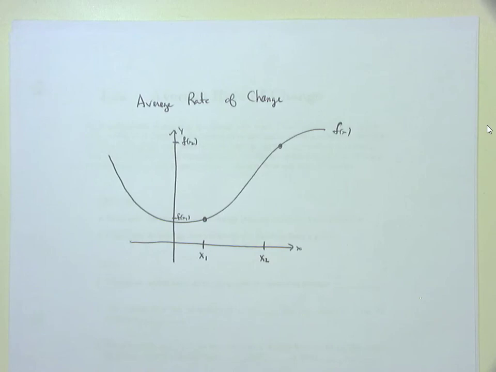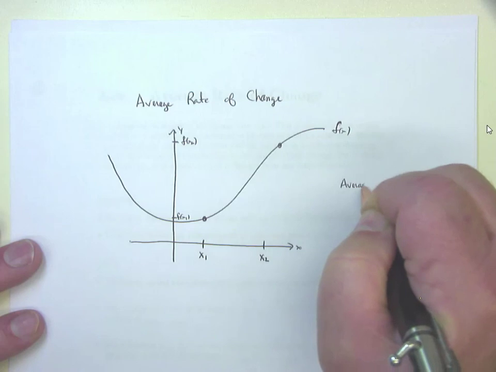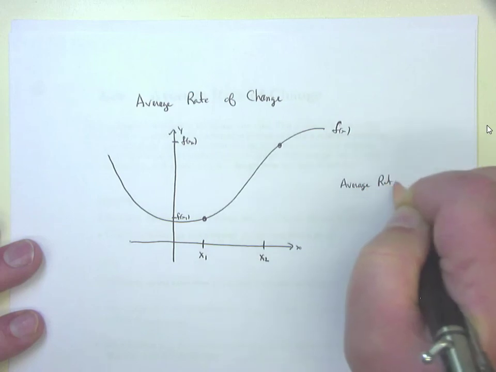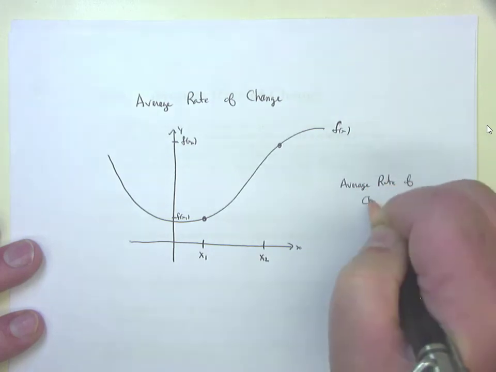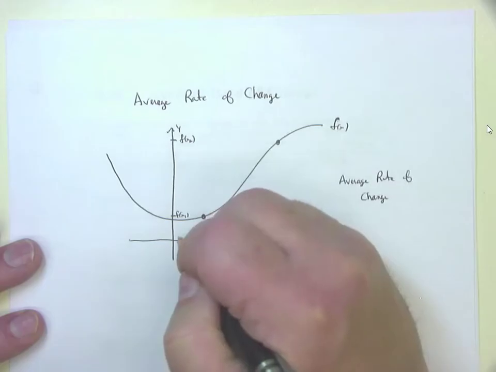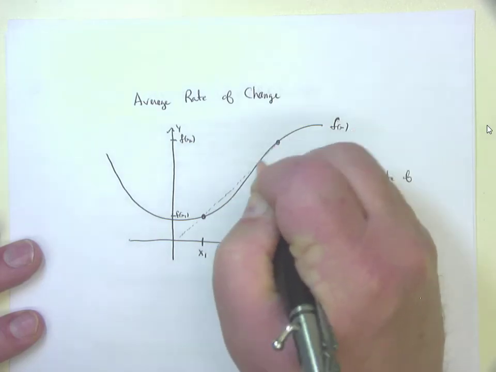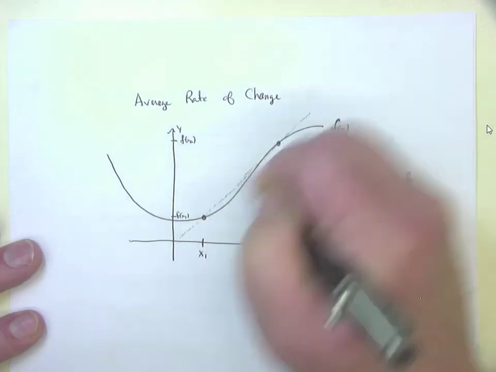The, quote, average rate of change between these 2 points is basically the slope of the line that literally connects these two dots.